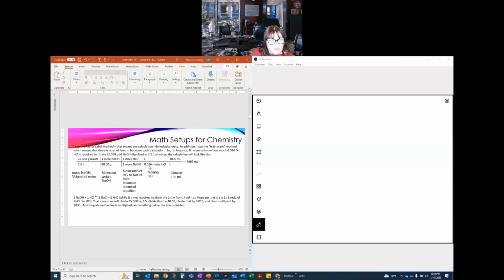So I also know that I have a 0.026 mole per liter solution of HCl, and then I convert from liters to milliliters to get an answer in milliliters, okay? So all of these numbers have units on them. And the reason for that is that if I write this out, I have 25.368 grams of NaOH in 3.5 liters.